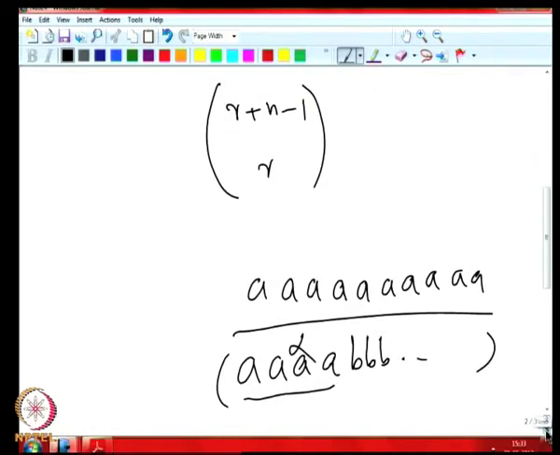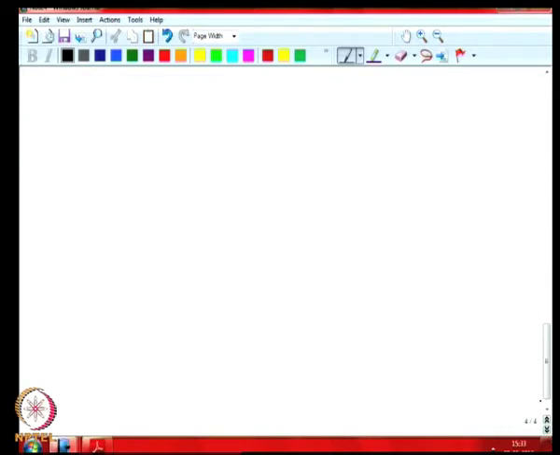So instead of looking at the most general question, where we have a multiset with n1 A1's and then n2 A2's, and so on, we will just take an example where 3 A's are there, 4 B's are there, and 4 C's are there.